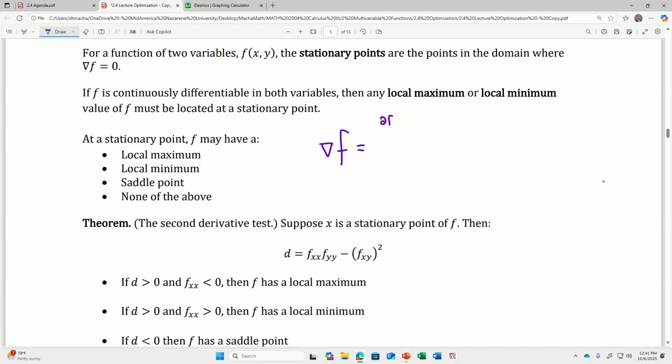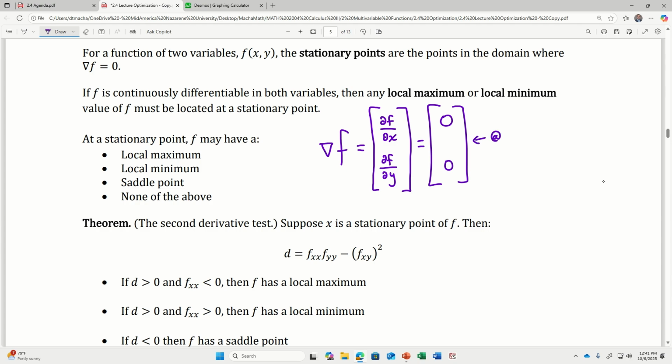The partial of f with respect to x and the partial of f with respect to y are the two entries in my gradient vector, and at a stationary point, those are both equal to 0. This is a 0 vector, and this is what happens at a stationary point. It's the definition for stationary point.